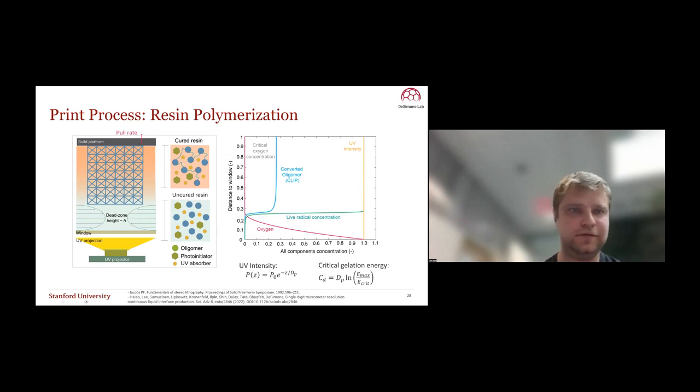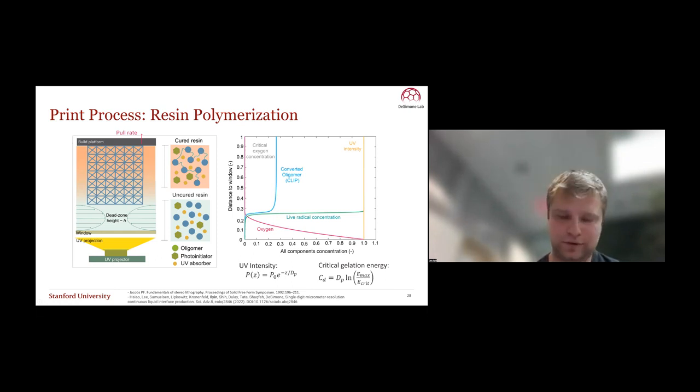And if we zoom in even more, we can make this plot of radical concentration versus oxygen concentration, and then look at the concentration of monomer and converted oligomer in the dead zone.